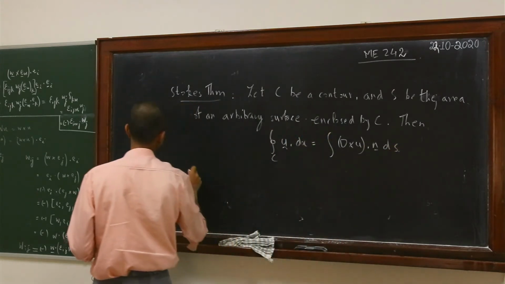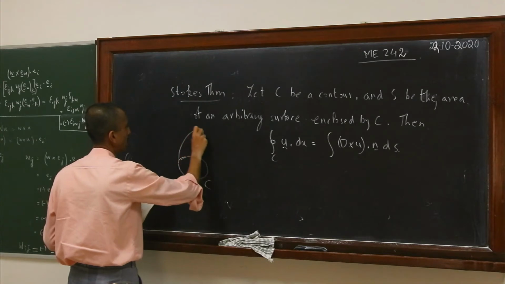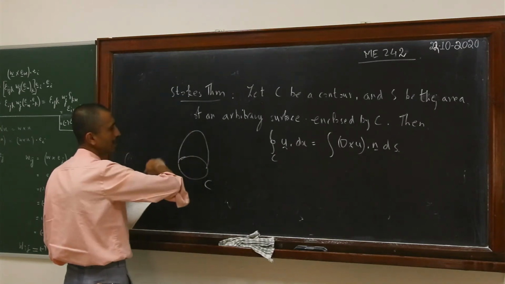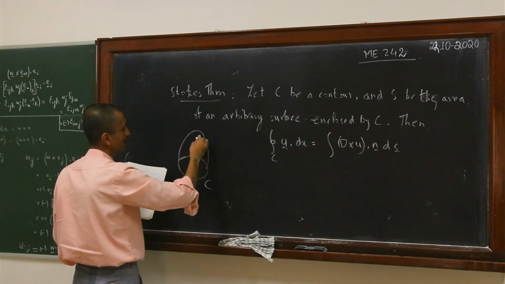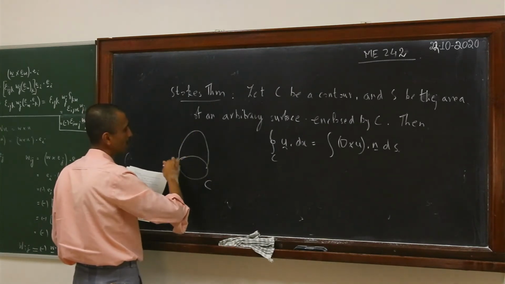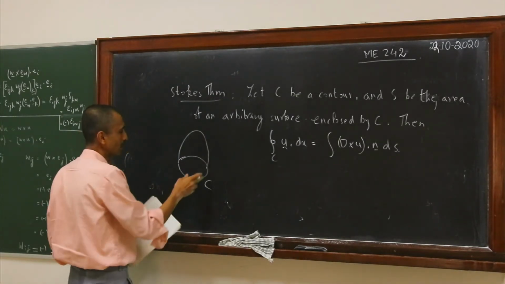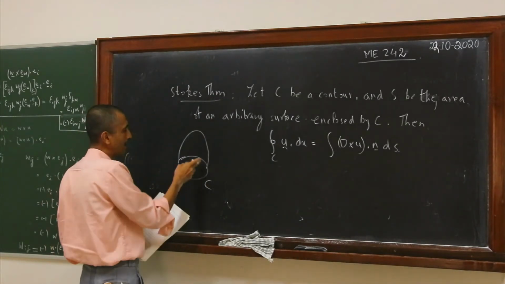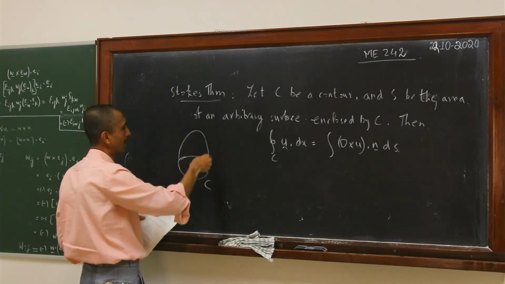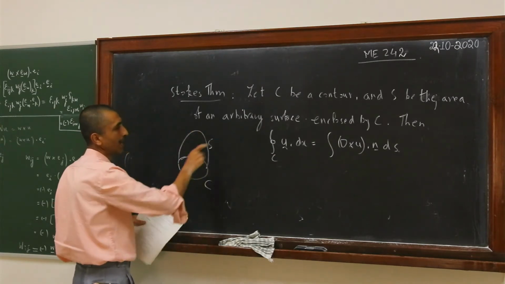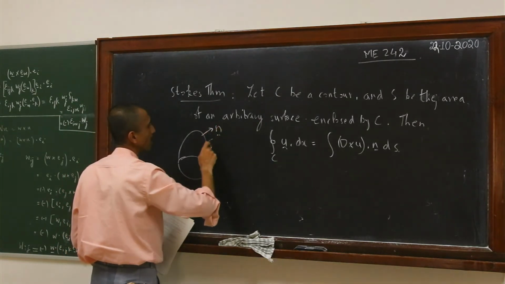So let me just draw this contour. So this is your contour C, and now you can think that this is some surface. So this is in 3D. You can think about it, suppose you consider this is a hemisphere or something, and so if you take a tennis ball and you cut it, right, at the equator or something, then the part where you are cutting it will be C, and then the top portion of the ball will be your S. So the n again is the unit normal to this.